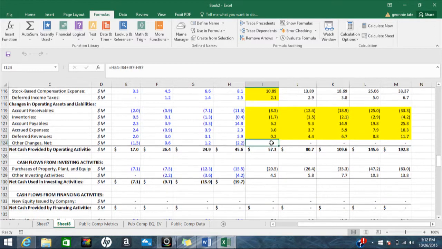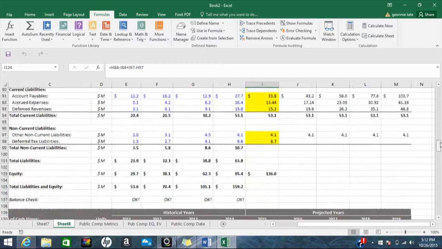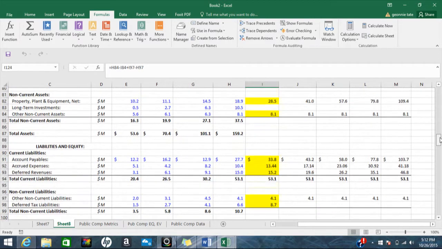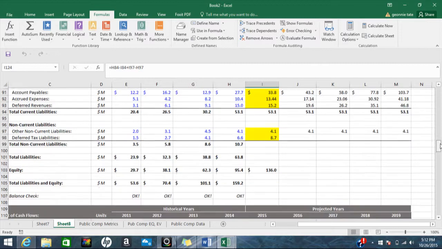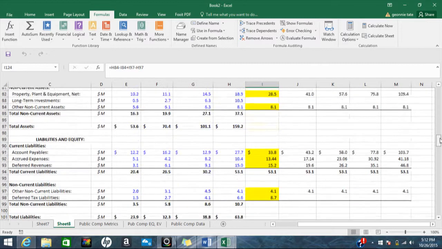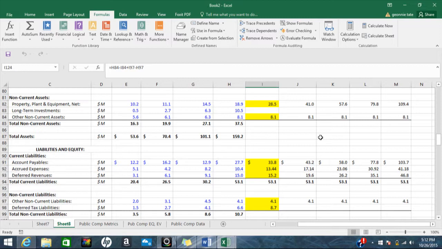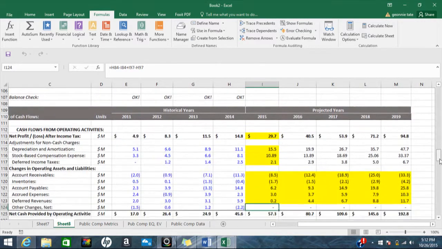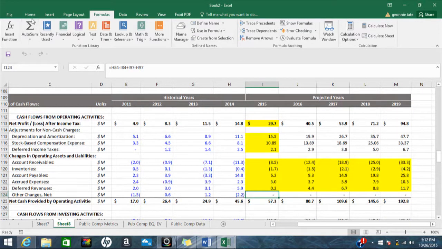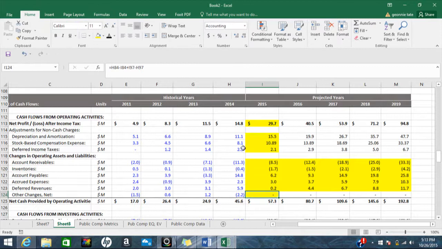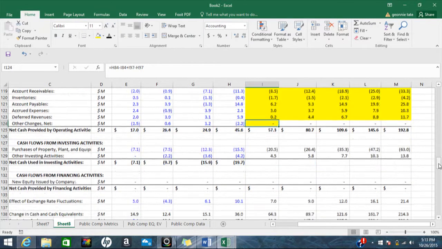Some other changes. That linked in already from the 8.1 and the 4.1 there. Okay, and the PPE.